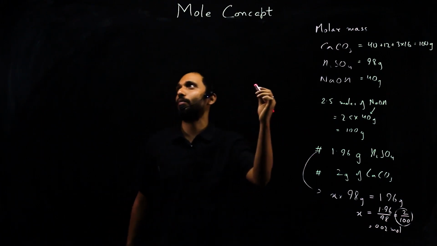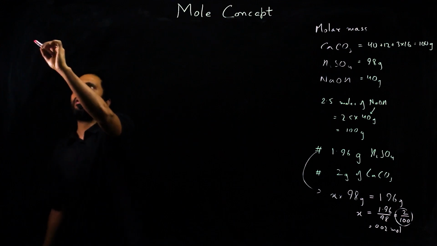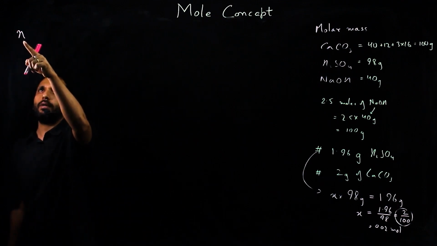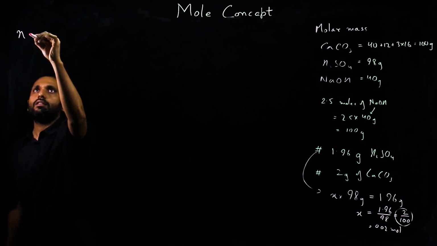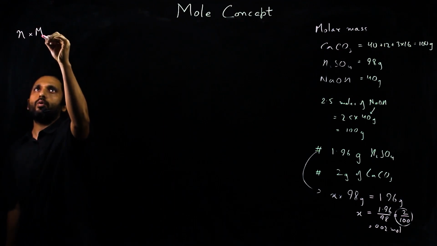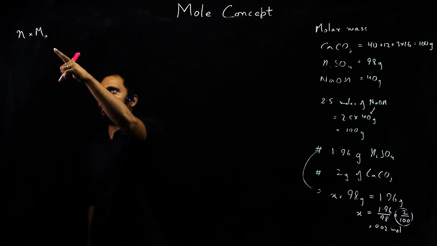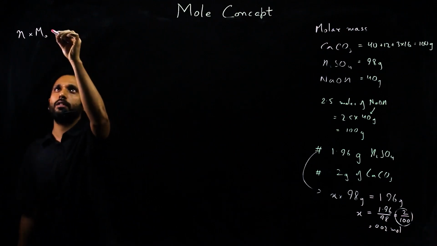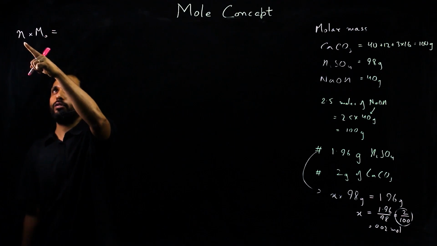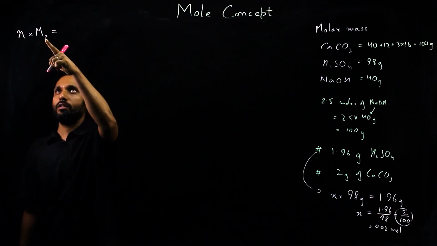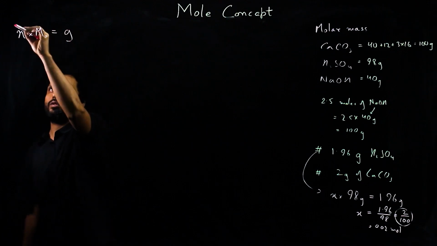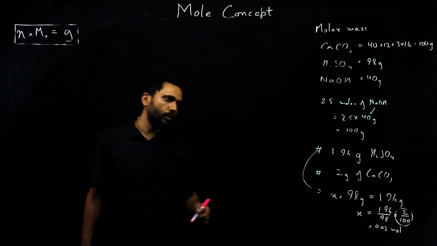I'll write it at this corner. Number of moles, generally represented by small n, into the molar mass. This can be the molar molecular mass or the molar atomic mass. The number of moles into the molar mass of the species will give you the total weight in grams. So that is what we are doing over here.